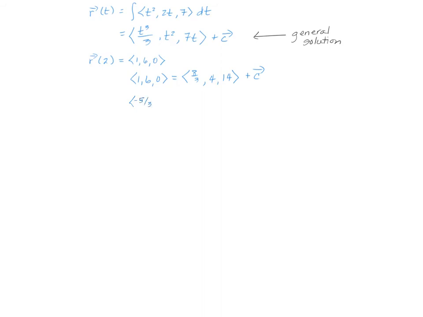I think I have to get a new pen. And then 6 minus 4 would give me 2. 0 minus 14 would be a negative 14.